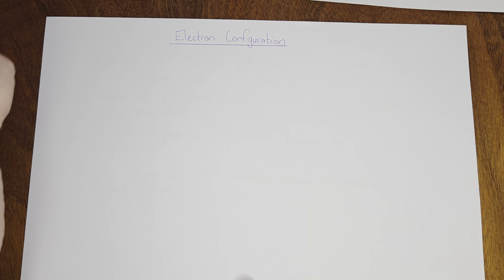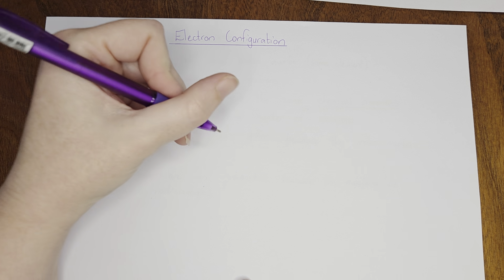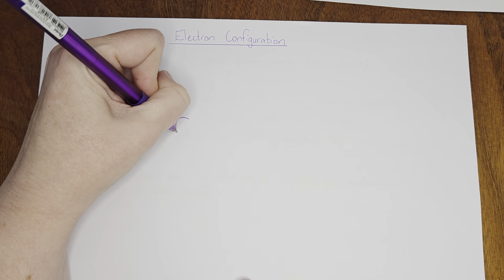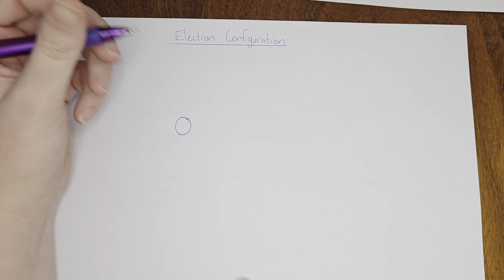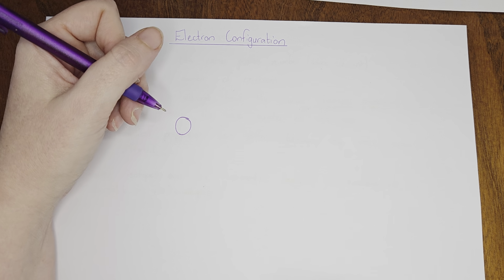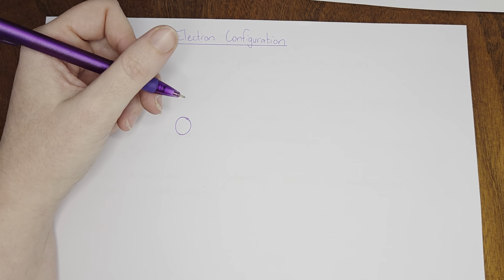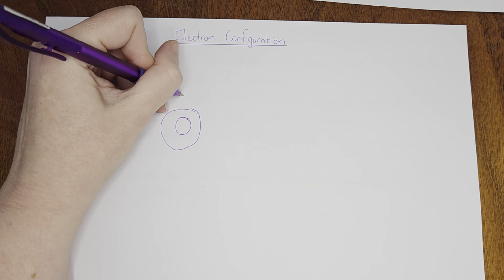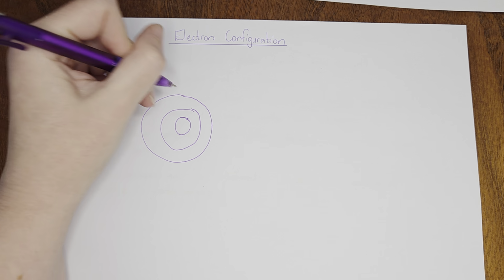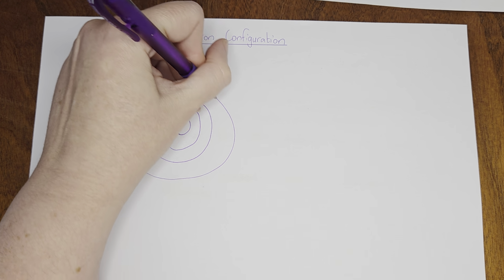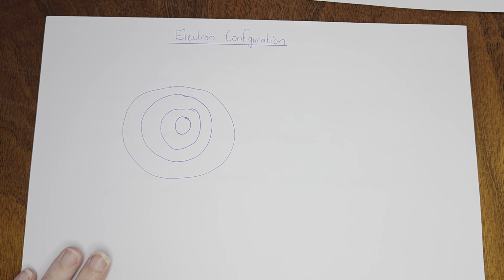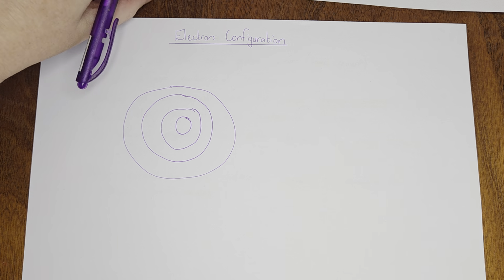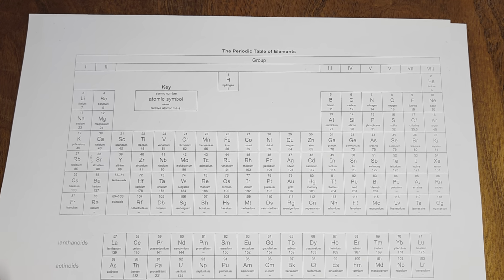So, for the electron configuration, I will always have the nucleus in the middle with my specific symbol that I'm looking at. And then I told you before, all of those electrons are arranged in energy levels. So when it comes to electron configuration, let's find one on the periodic table.